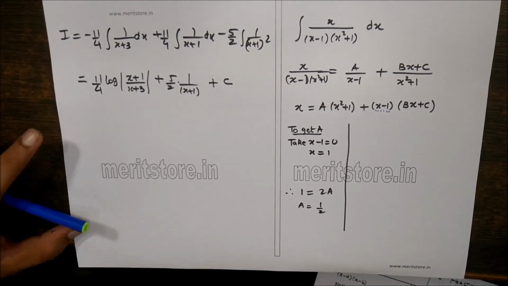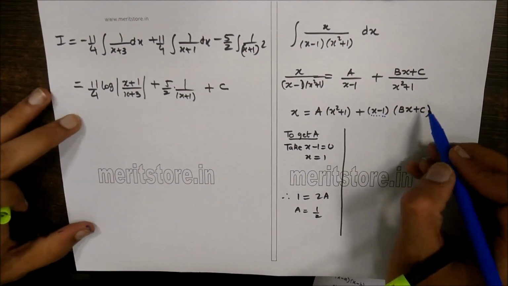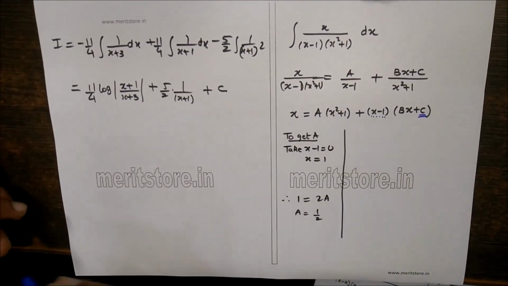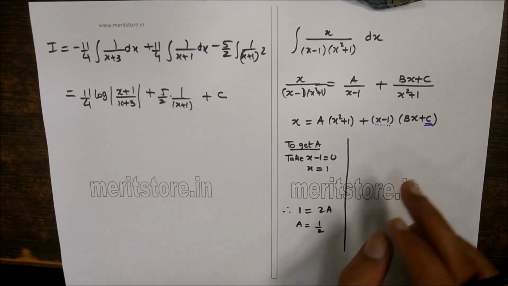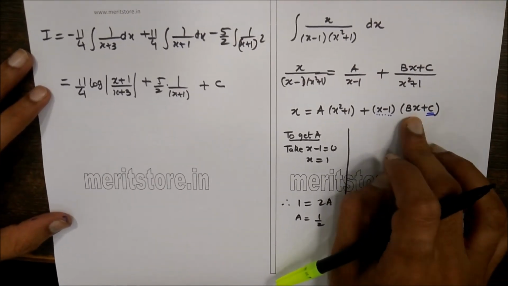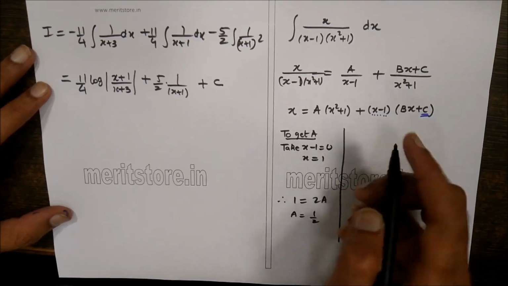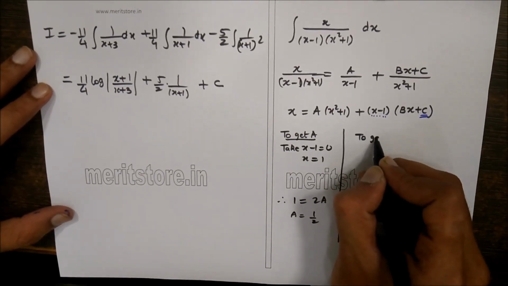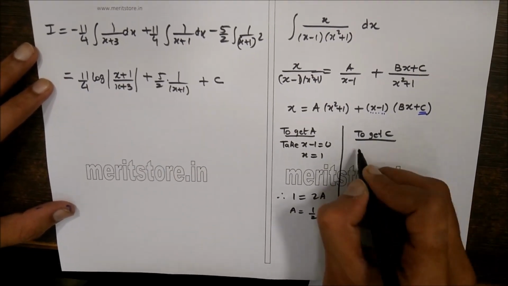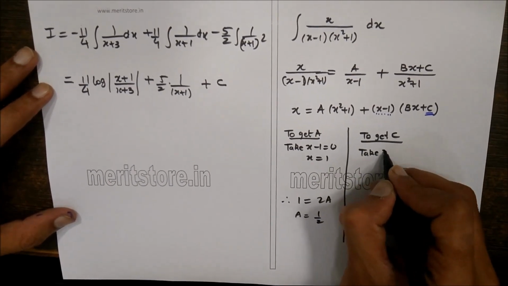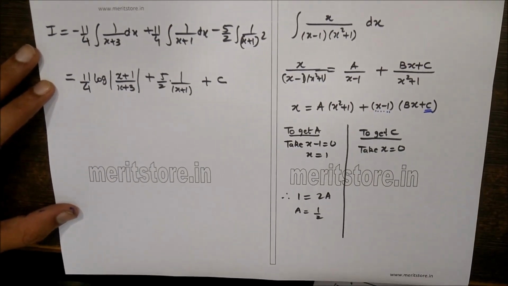After this, we'll find the value of c. Remember, to find the value of c, we shall always take the value of x equal to 0. To get c, I am taking x equal to 0.